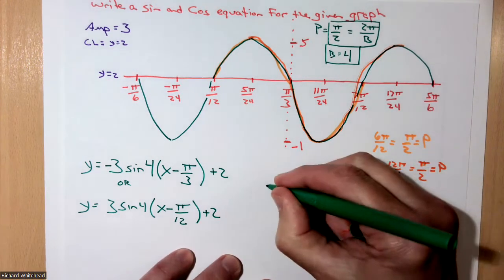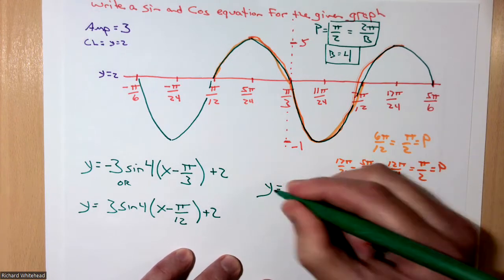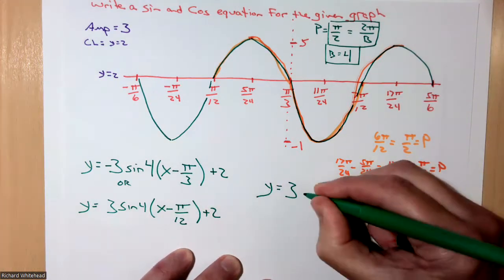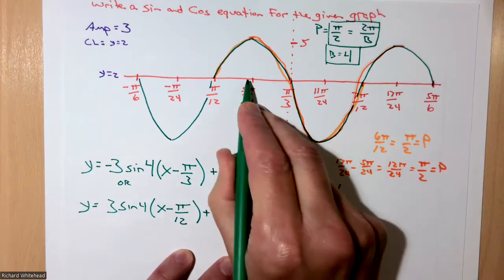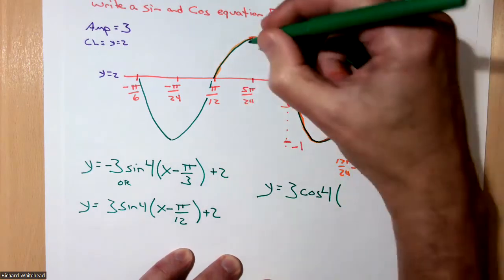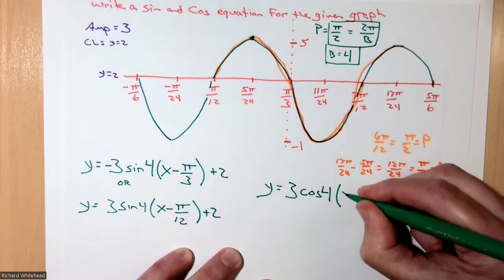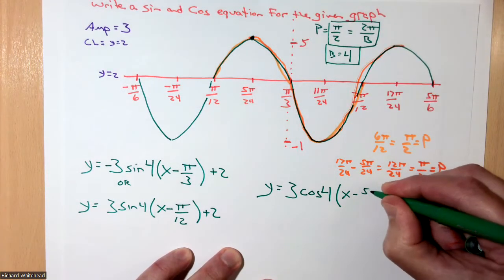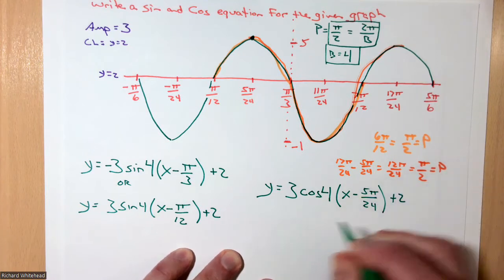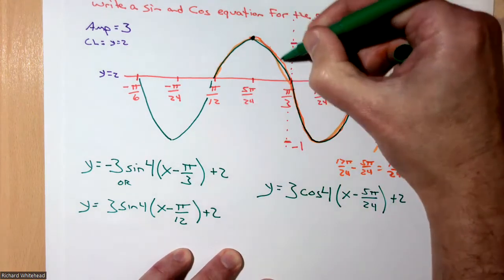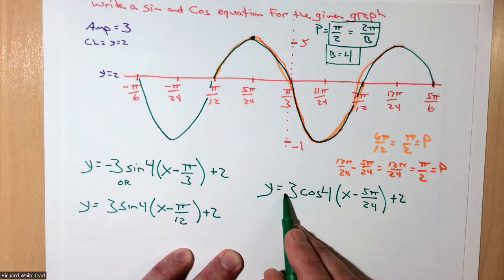The cosines might look a little bit goofier. Somebody says, well, it's still going to be 3 in front, and the period is still going to be 4. But if I choose that to be my starting point, that would be x minus 5 pi over 24. It started at the max, so it stays positive in front.